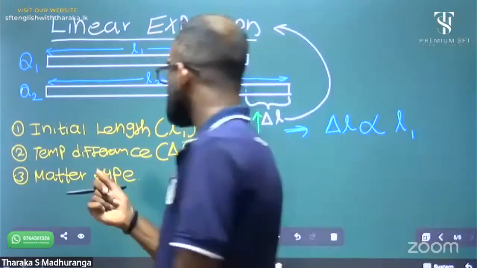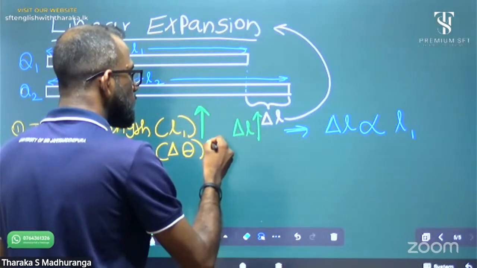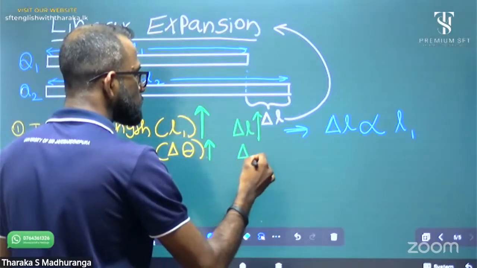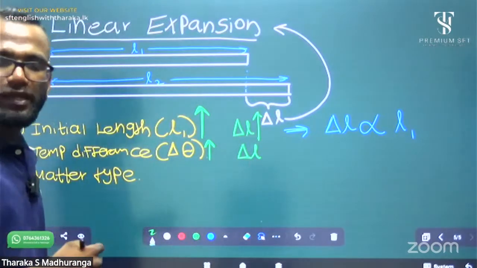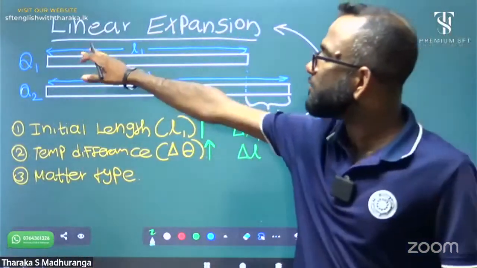The second point: when the temperature difference increases, what happens to the length increasing amount, delta L? Increasing or decreasing? Now think of a temperature difference of 30.